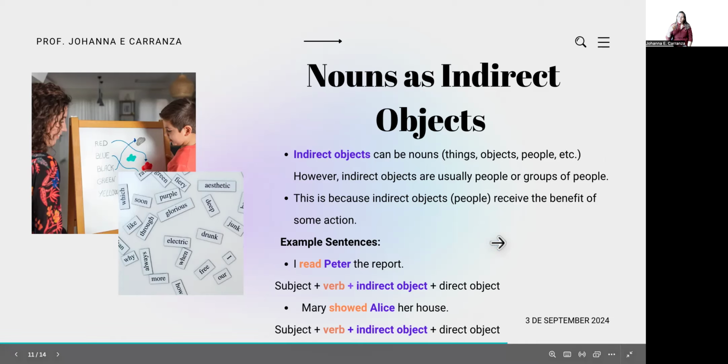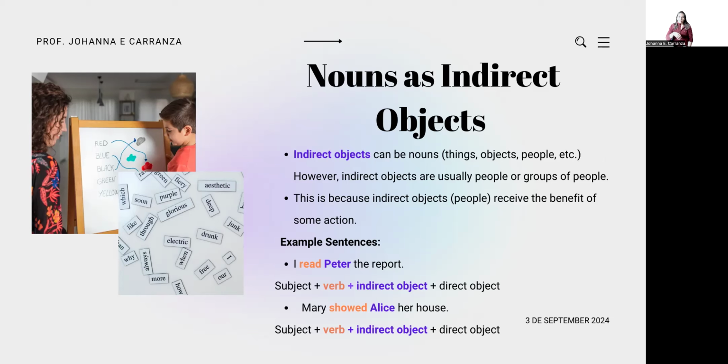I read Peter the report. It has I, which is the subject, which is a pronoun, right? Then plus the verb, which is read, and then the indirect object, Peter, and then the direct object, the report.